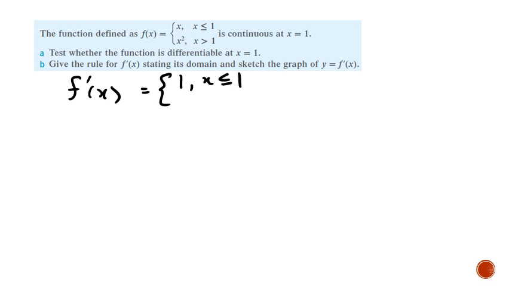And x squared, I take the power down, what do I get in front? 2, good. So just plug in 1. First one you get a 1, second one you get a 2. So you can tell they're not the same.